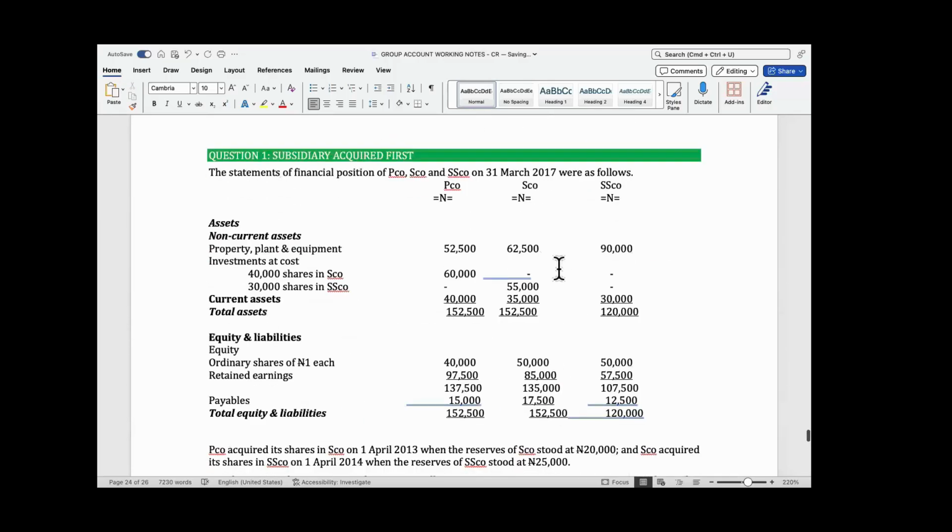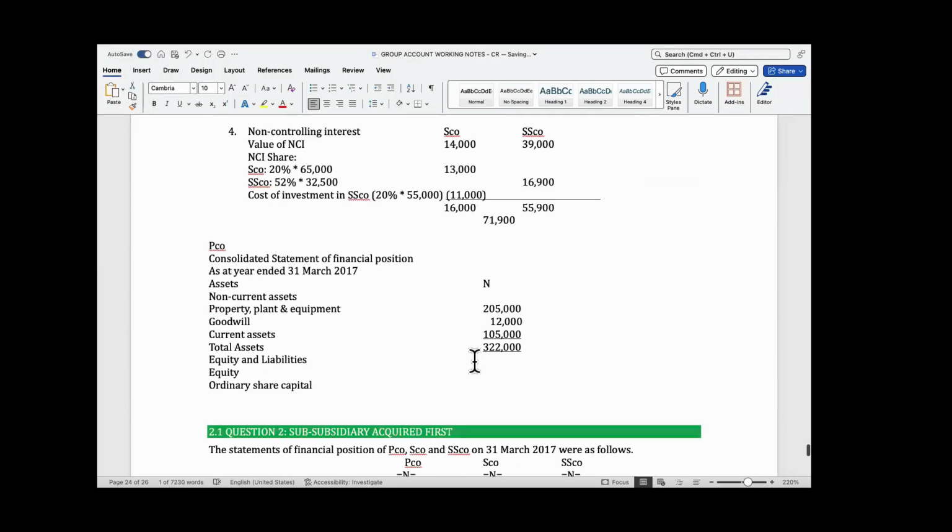So what's my ordinary share capital? This has been cancelled out. This 50,000 under ESCO cancelled out. This 50,000 under SSCO cancelled out. So whatever balance that is remaining is now NCI. So what we consolidate is just this 40,000. That's the uncancelled item.